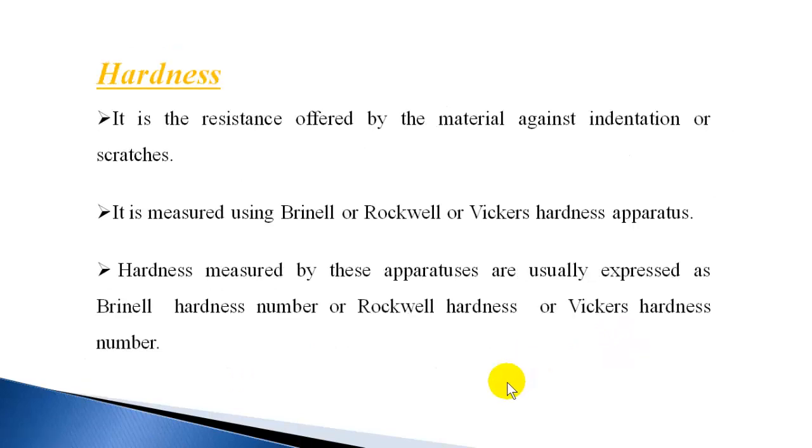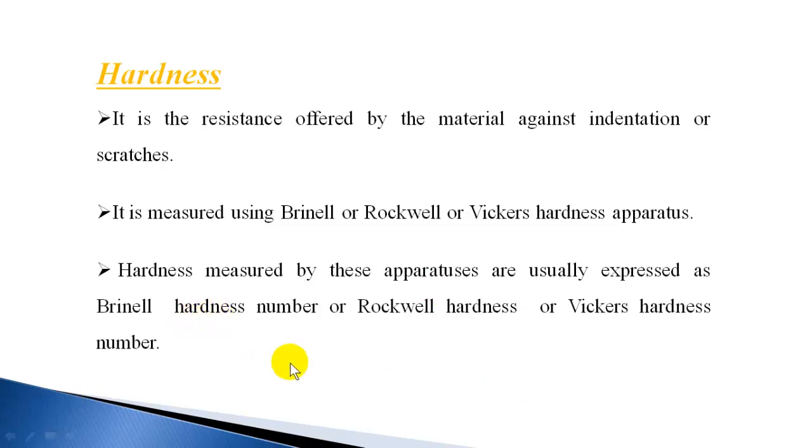Hardness is another property. It's a surface property. It shows the resistance of a material against indentation or scratches. It is usually measured using Brinell, Rockwell or Vickers hardness apparatus.